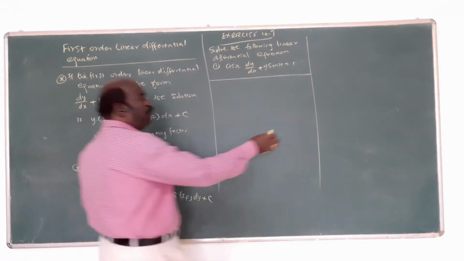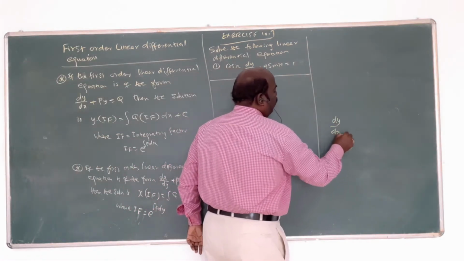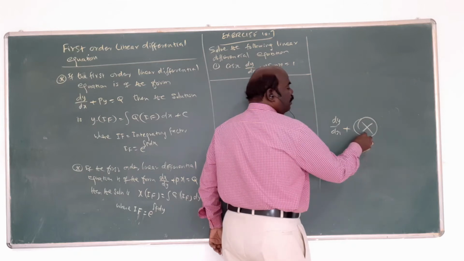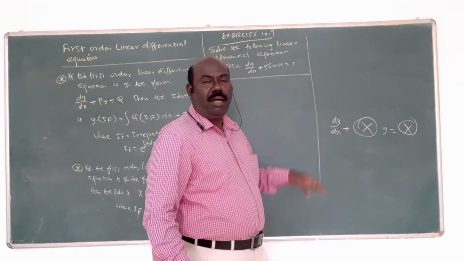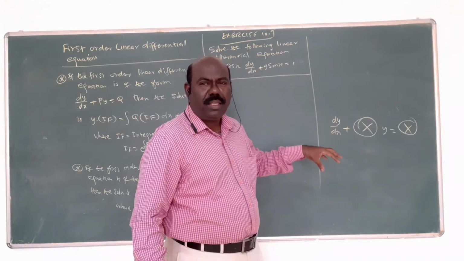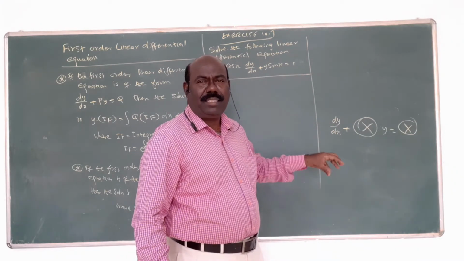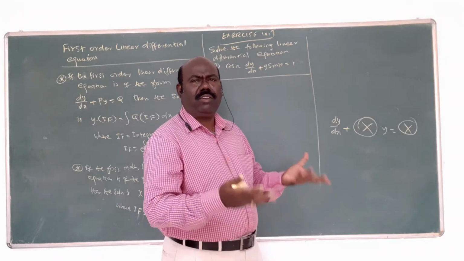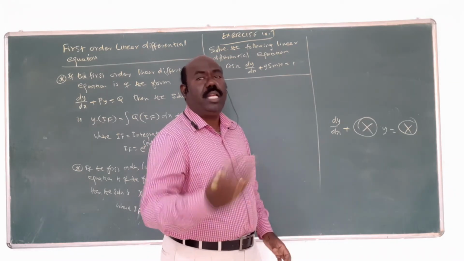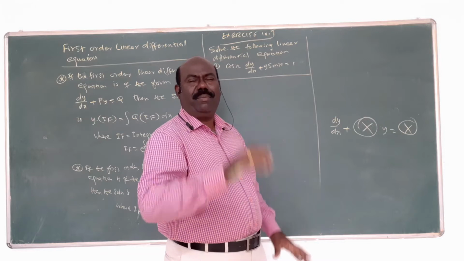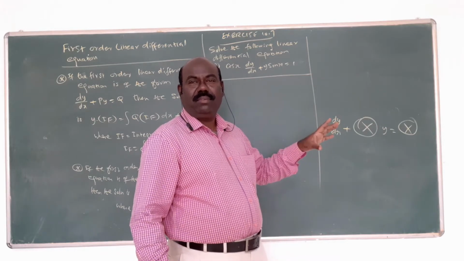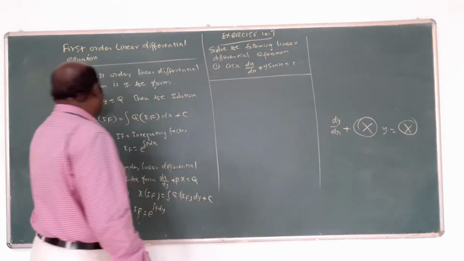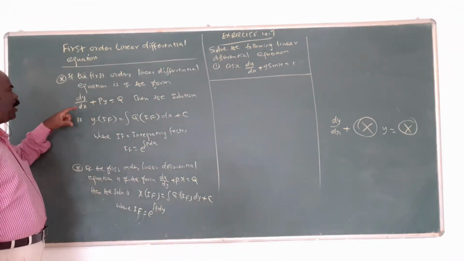The question is of the form dy by dx plus something in terms of x into y equal to again something in terms of x. The question involves only one time y.